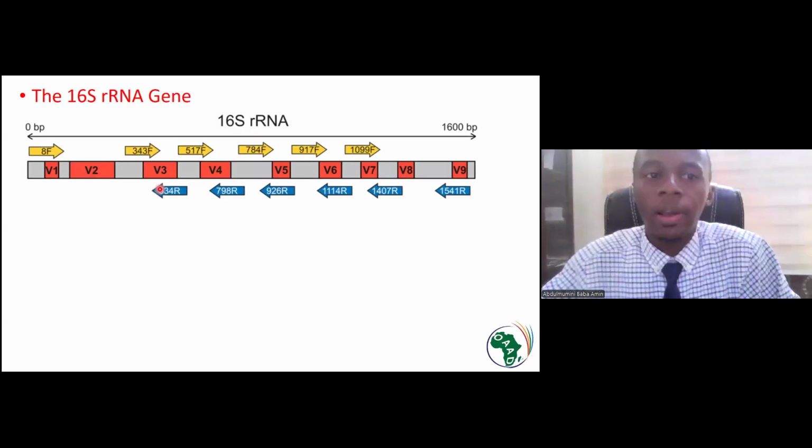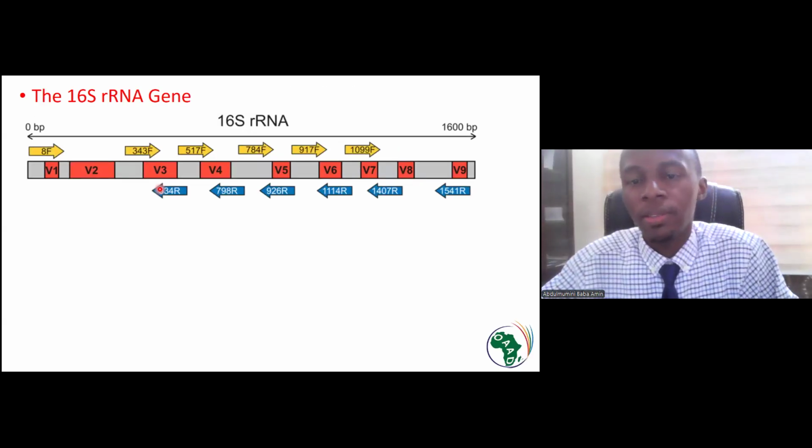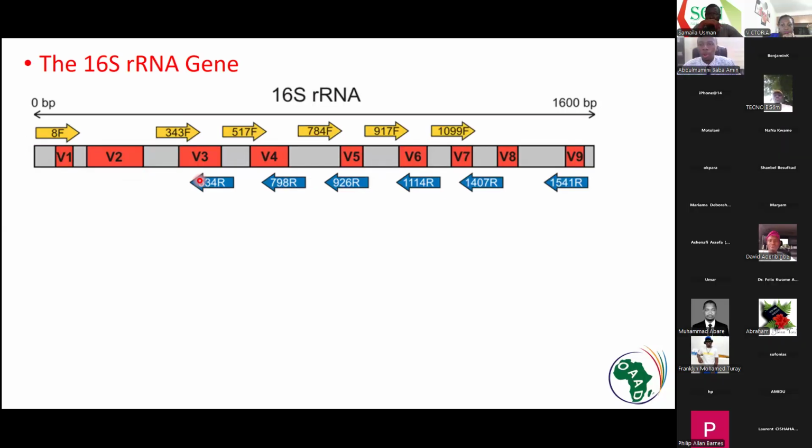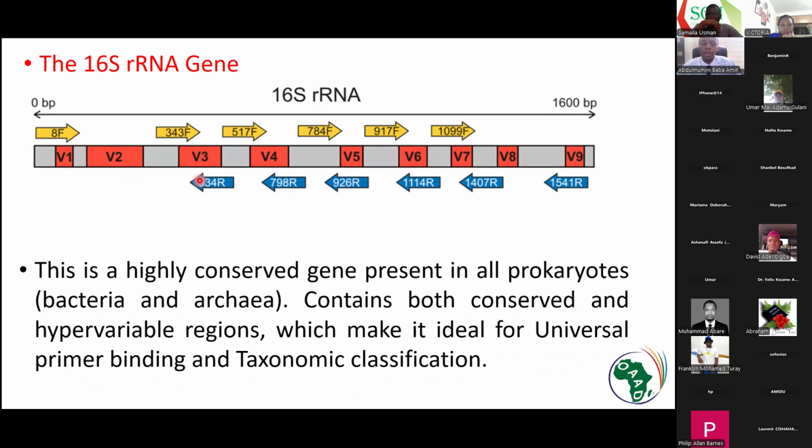So this is the full length of the 16S RNA gene. It consists of about 1,600 base pairs, and it's a very highly conserved gene present in all prokaryotes, both bacteria and archaea. It contains the conserved regions, which are highlighted in red, the V1 to V9 regions, and also the hypervariable regions, the ones highlighted in gray.